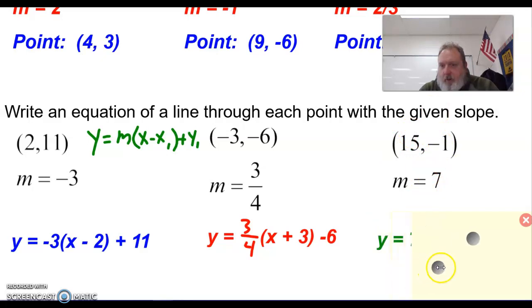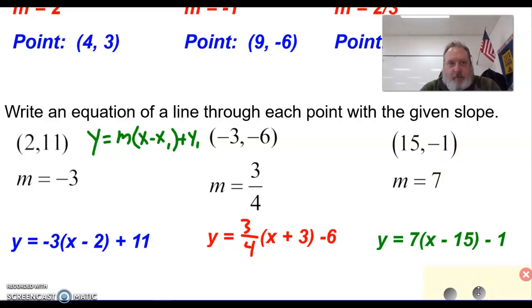So y equals 7, x minus this value, so x minus 15, and then minus 1 at the end. So again, here we were given the point and the slope, put it in the equation. Up here we were given the equation, had to identify the slope and the point.